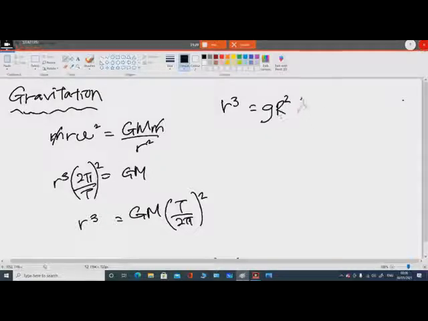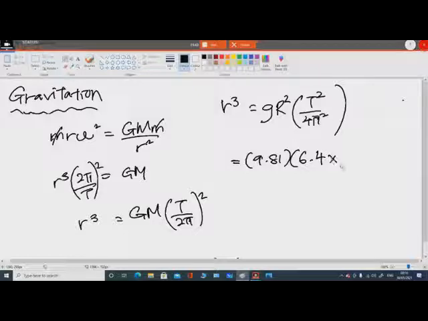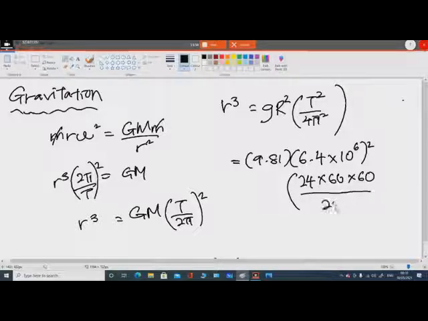So this one will be T square over 4 pi square. So g is actually 9.81. So the radius will be 6.4 times 10 to the power of 6, squared. So the period of revolution for the Earth is actually 24 hours times 60 minutes times 60 seconds over 2 pi. This is our square.